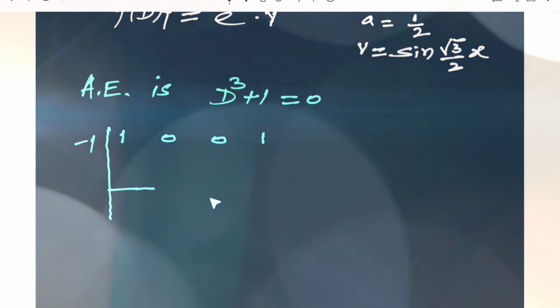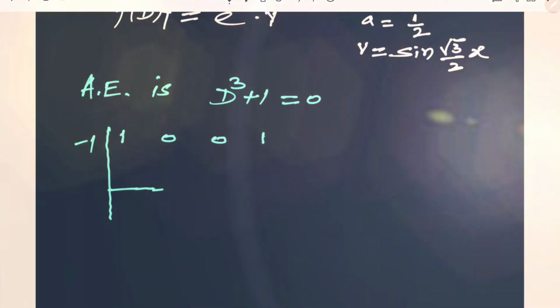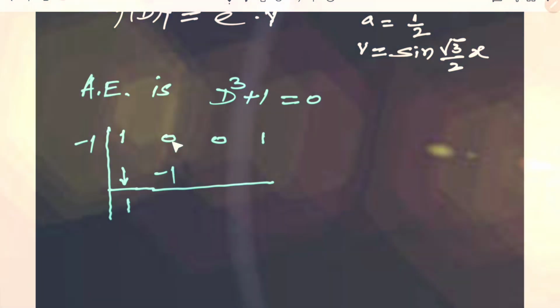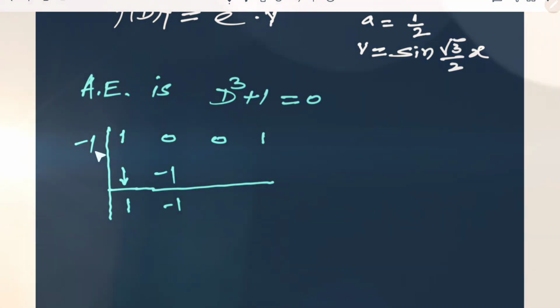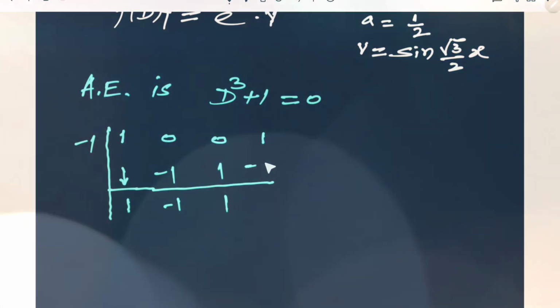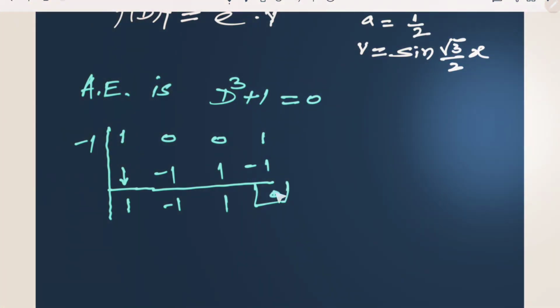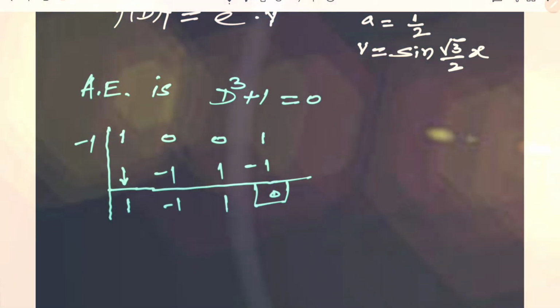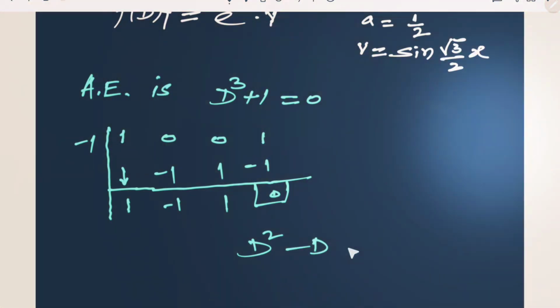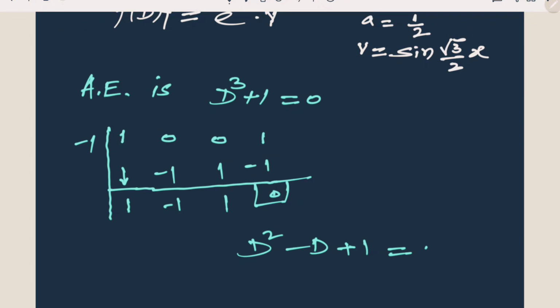Because the sum of even coefficients is equal to the sum of odd coefficients. Therefore 1 as it is, then 1 into minus 1 gives minus 1, sum is 0, product is 0, sum is 0, product is minus 1, and the last sum is 0. Therefore D equal to minus 1 is the first root, and removing that factor, the remaining factor is D square minus D plus 1 equals 0.